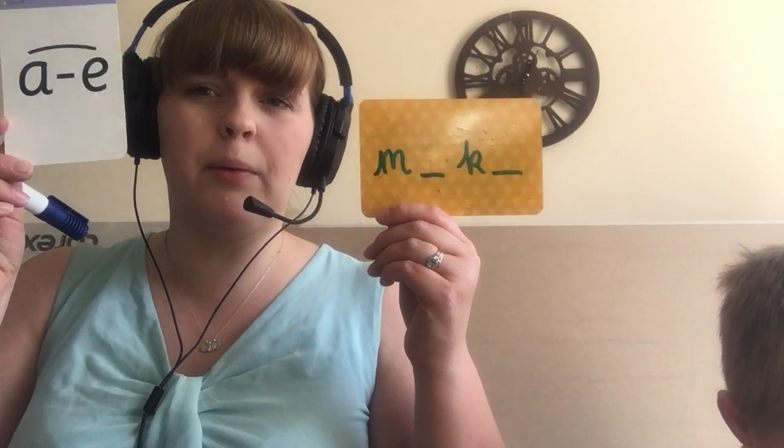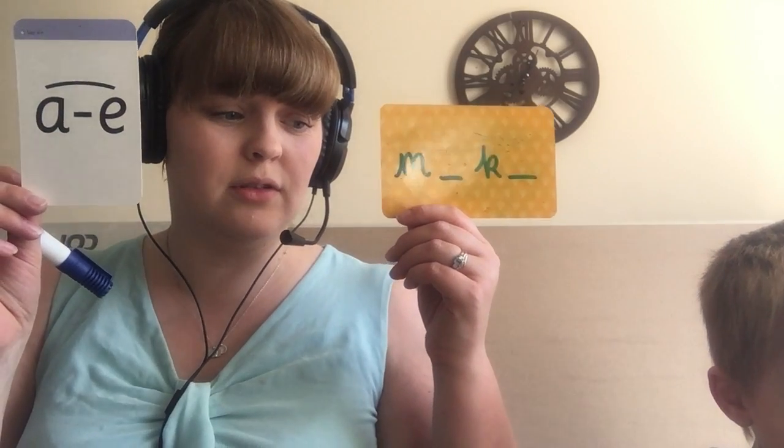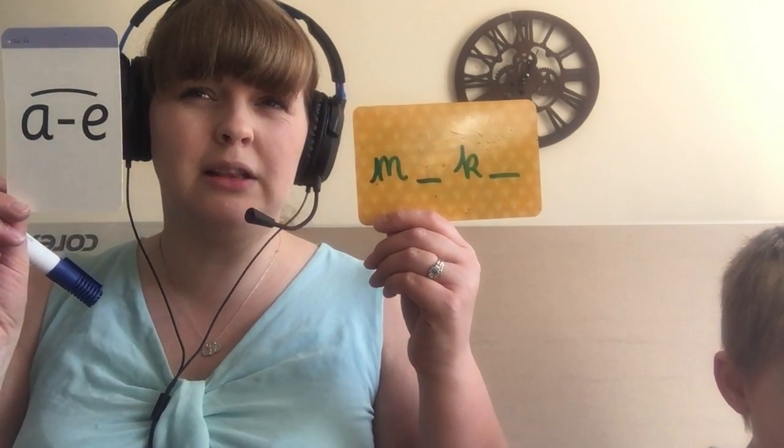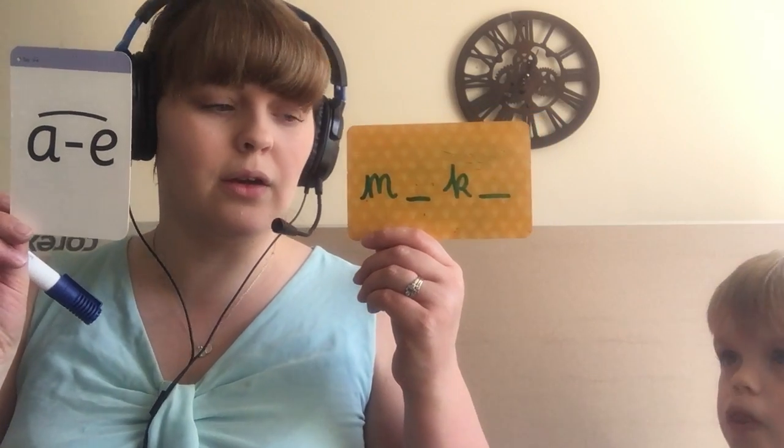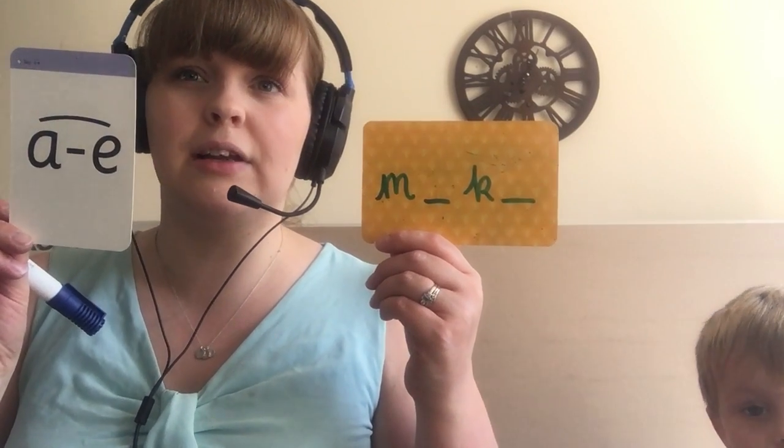If we're not quite sure, think about where the A and the E is going to go. This is quite tricky. This is a tricky sound. If you're finding that a bit hard, that's okay. We'll have a good try.